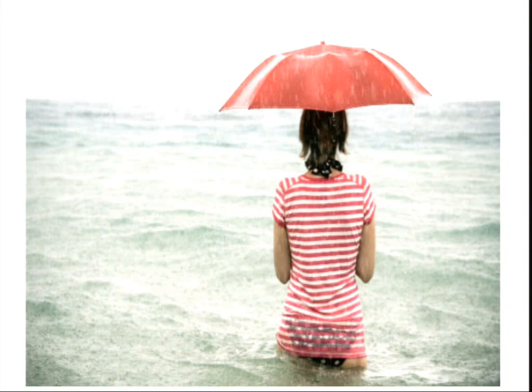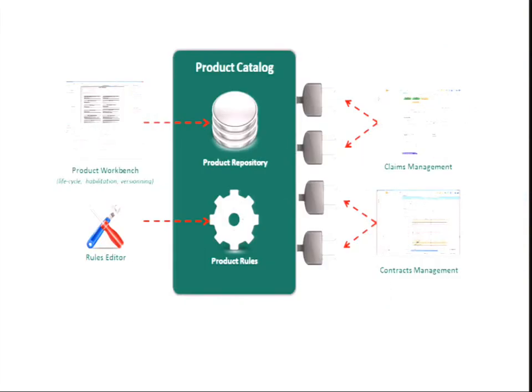So, for example, they have delivered a new product to reimburse your travel in case of excessive rain. This kind of new product, they have to be able to define very rapidly and to deploy very rapidly.